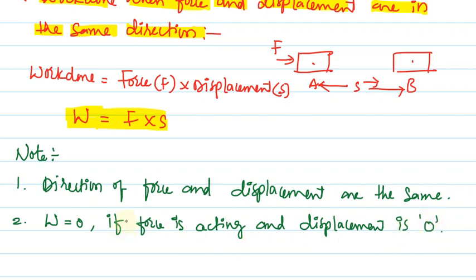For example, a person is pushing a wall. The person is exerting force on the wall, but the displacement of the wall is zero. Then work done by that person on the wall is zero.